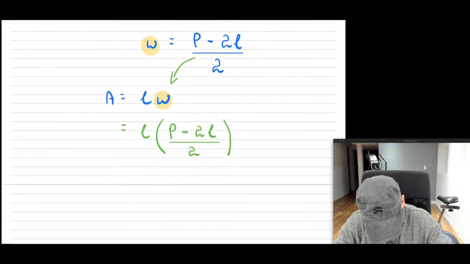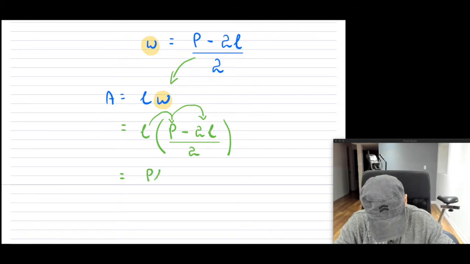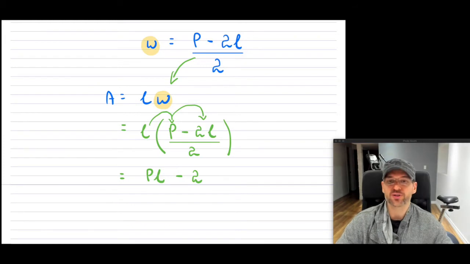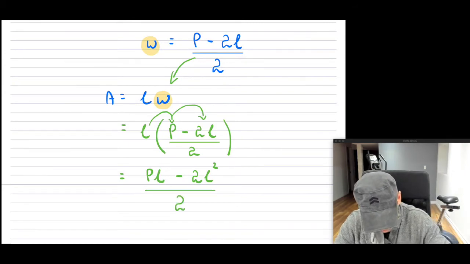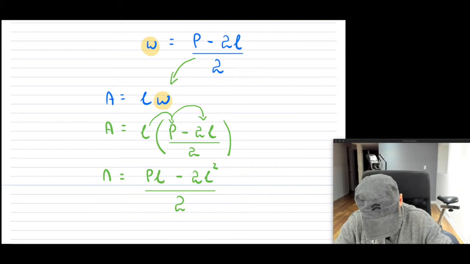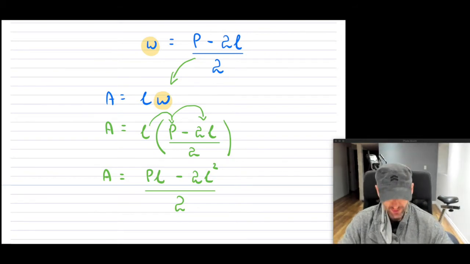So doing that, I can bring this L inside of the brackets and multiply this through, and that would give me simply P multiplied by L minus 2 L times L, which is going to become L squared, and all of this is divided by 2, and that's my area. All right, so it looks kind of weird, but notice that there is a squared.